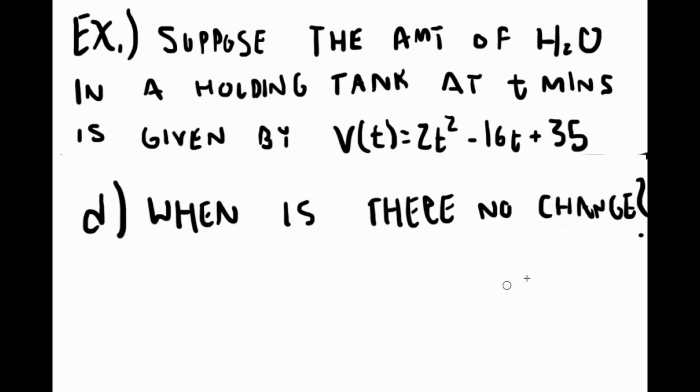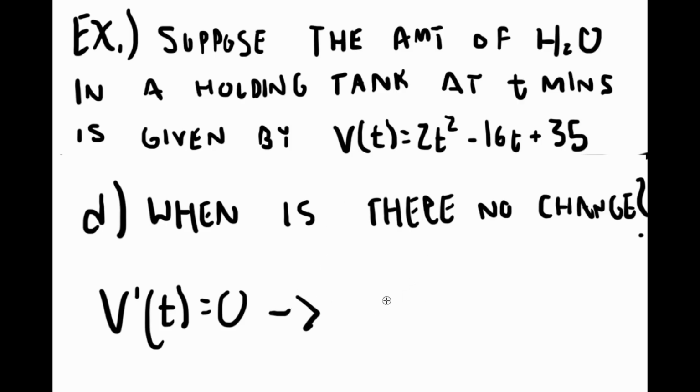So since we're asking when is there no change in the function, we're just going to set v prime of t equal to 0 because that is the rate of change. V prime of t is the rate of change. If we set it equal to 0, we'll be able to find where it's not changing.